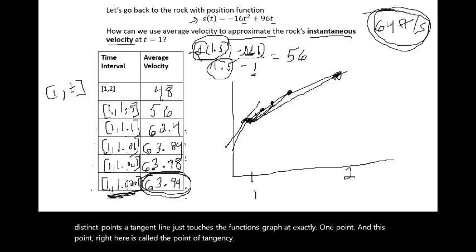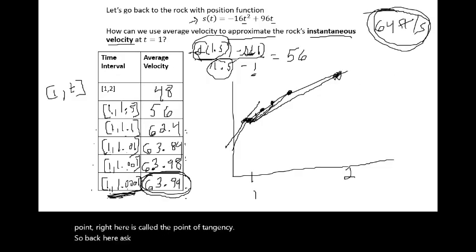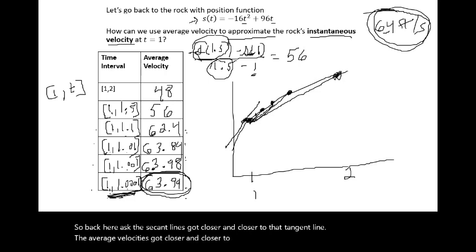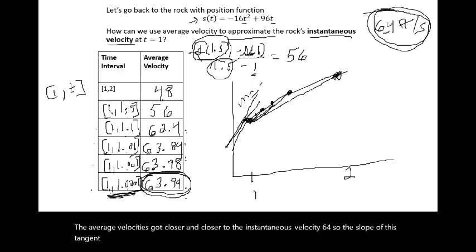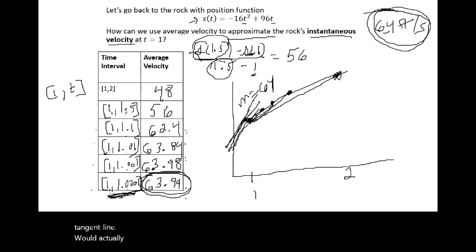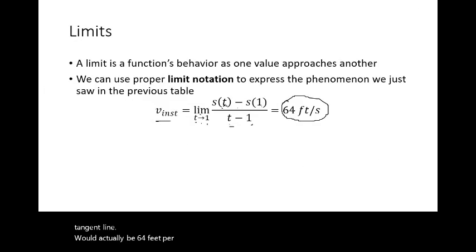So back here, as these secant lines got closer and closer to that tangent line, the average velocities got closer and closer to the instantaneous velocity, 64. So the slope of this tangent line would actually be 64 feet per second, also known as the instantaneous velocity.